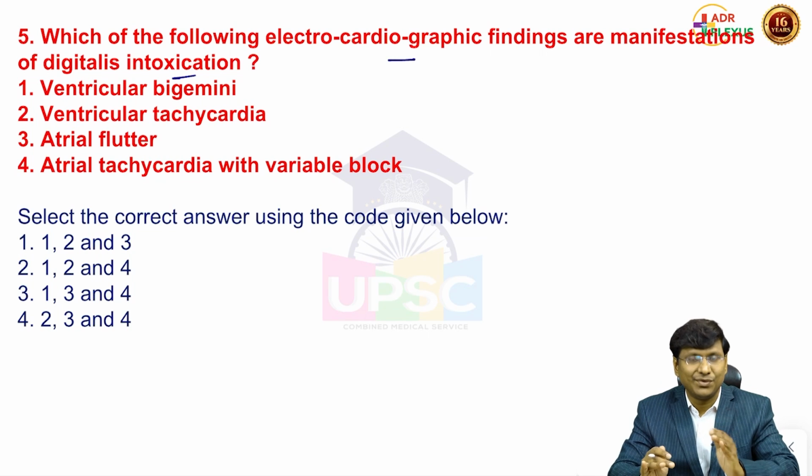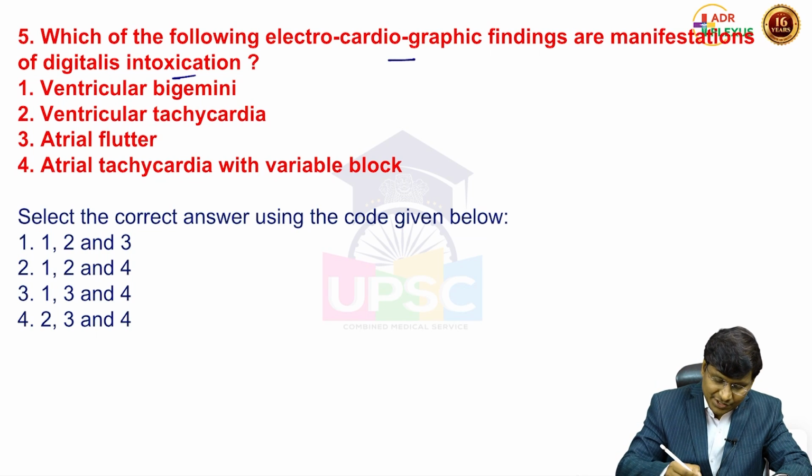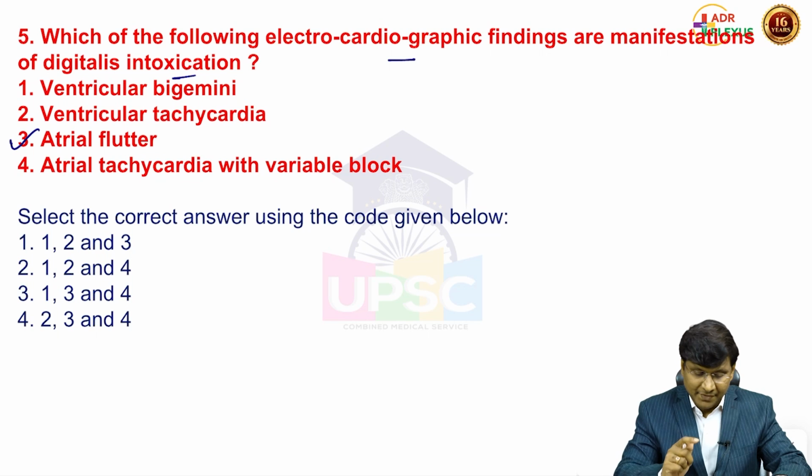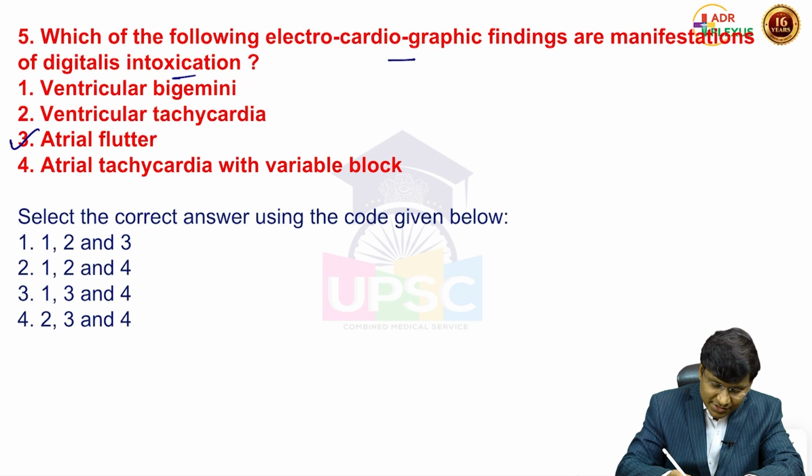Digitalis is associated with almost all forms of arrhythmias, but the arrhythmia that is not observed with digitalis intoxication is atrial flutter. Digitalis intoxication is associated with ventricular bigeminy, ventricular tachycardia, and atrial tachycardia with variable AV block. So the answer will be 2.